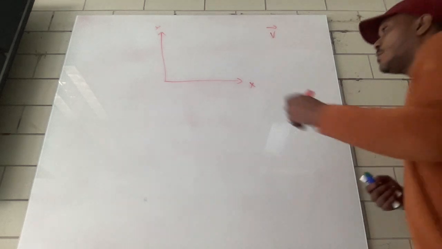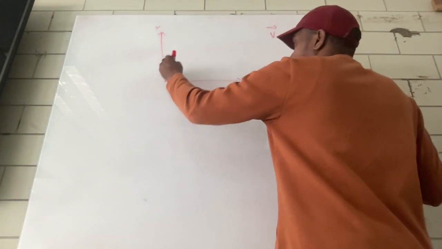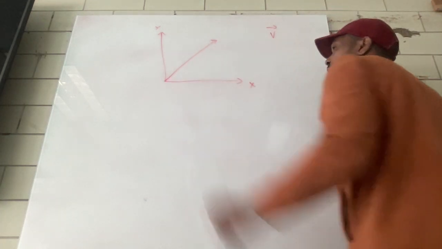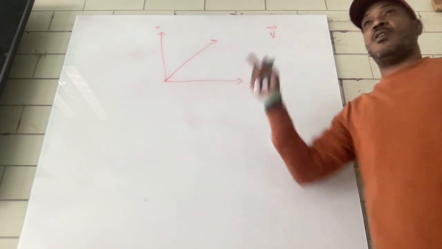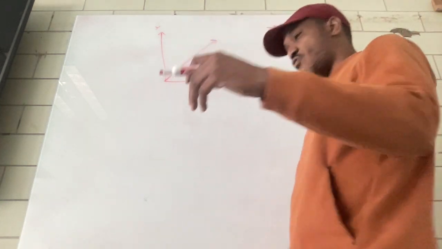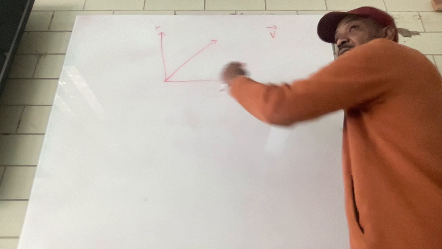So the velocity of an object can look something like this. When I kick a football off the ground, it looks like this.